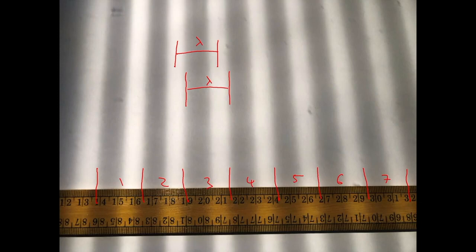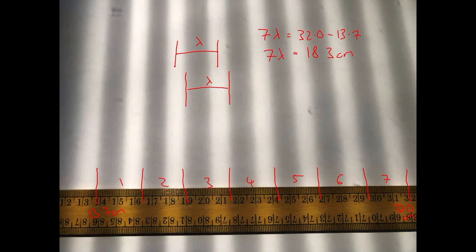So let's see, where's the start? 13.7 centimeters. And then over here it finishes at 32 bang on centimeters. Okay, so what we can say is 7 wavelengths is equal to that gap. That gap being equal to 32.0 minus 13.7. So 7 wavelengths equals 18.3 centimeters.